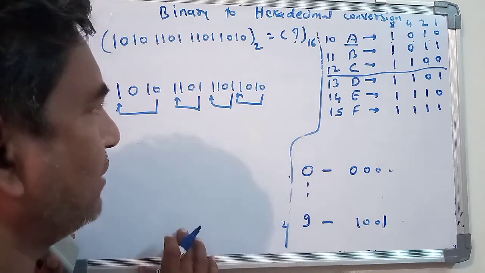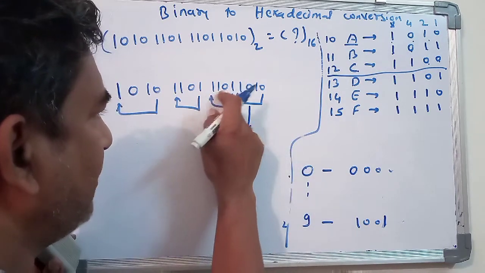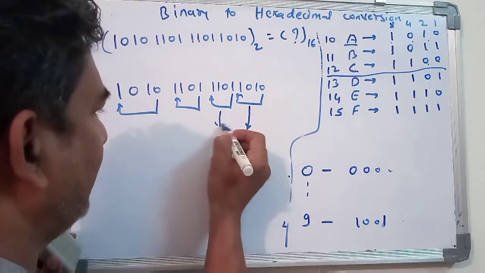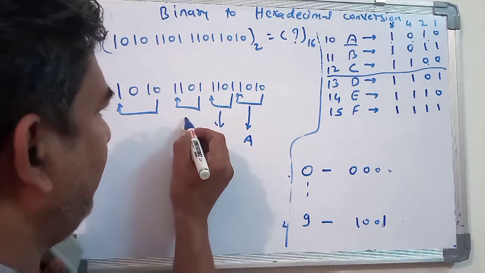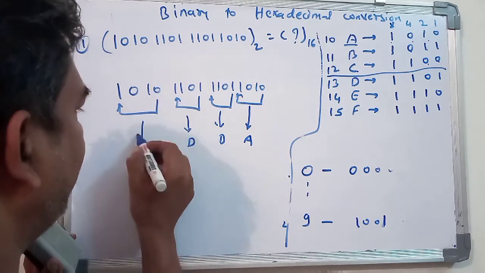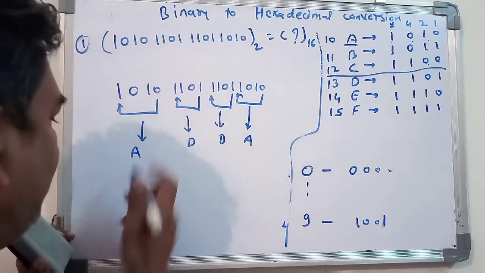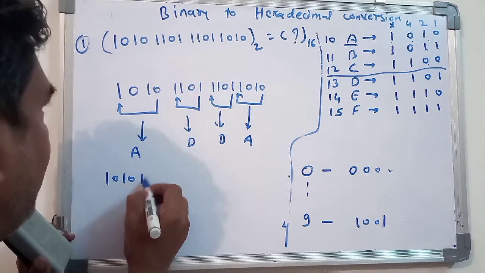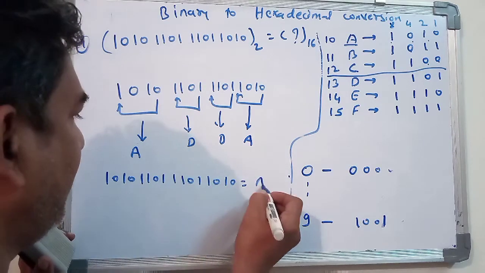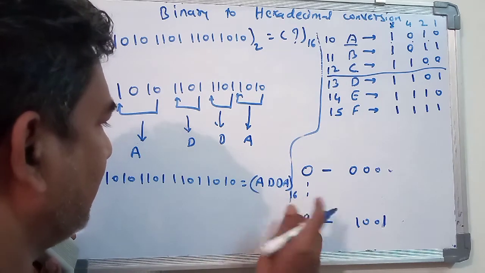So 1010, from the table you may understand, it is A. 1101 is a D, so you write down D. Then 1101, again it is D. Then 1010, it is A. Okay, A, D, D, A. So you may say that 1010, 1101, 1101, 1010 is equal to ADDA with a base 16.